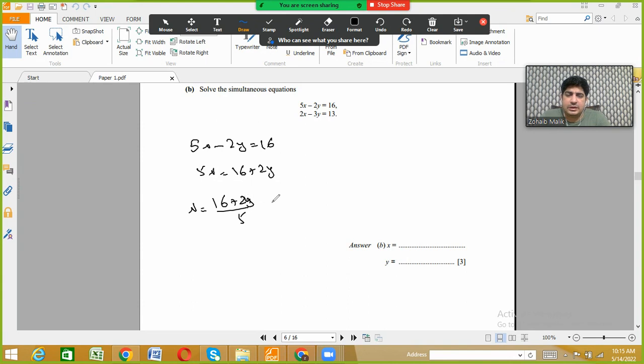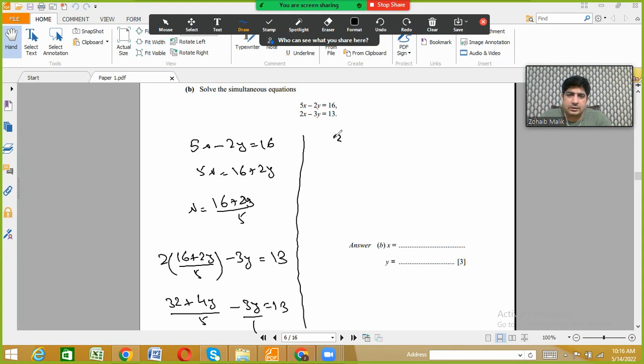We will put it into the second equation. So 2 into 16 plus 2y over 5 minus 3y is equal to 13. So 32 plus 4y over 5 minus 3y is 13. Let's take the LCM.